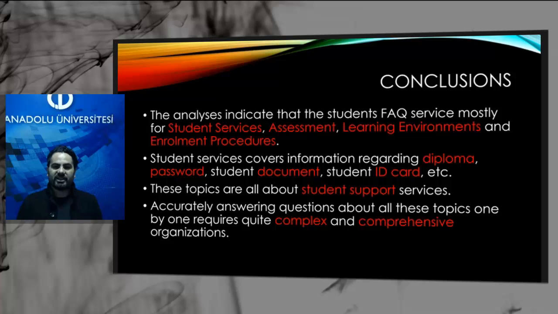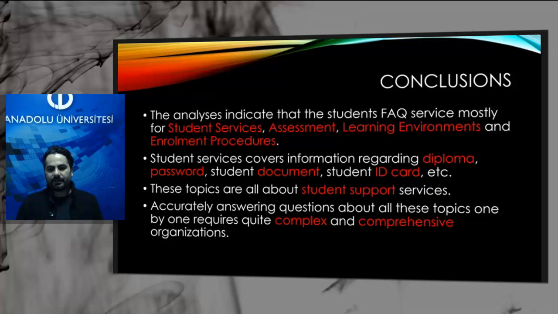As a conclusion, we analyzed the frequently asked question system. We analyzed the question types used in our system, and we detailed all this process in our chapter. These are student services, assessments, learning environments, and enrollment procedures. Student services cover information regarding diploma, password, student document, student ID card, and so on. These topics are all about student support services.